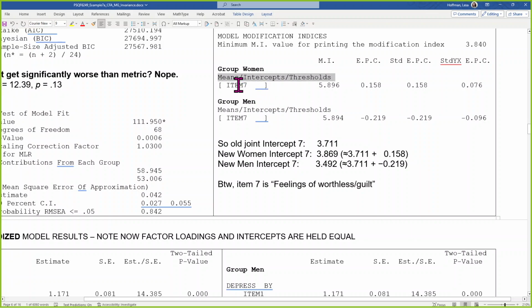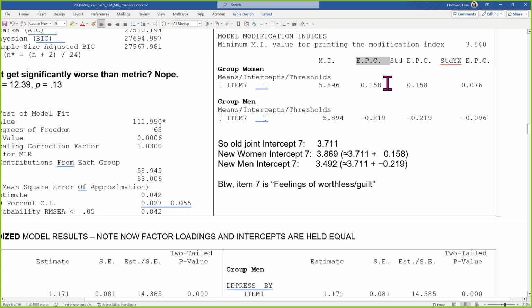And this is telling me that for item 7's intercept, because it's in brackets and because it says this above it, the chi-square would improve by 5.89 if I let that intercept differ between women and men. So that is over the threshold for what would improve the model significantly for 1 degree of freedom. And the EPC column here, that's expected parameter change.